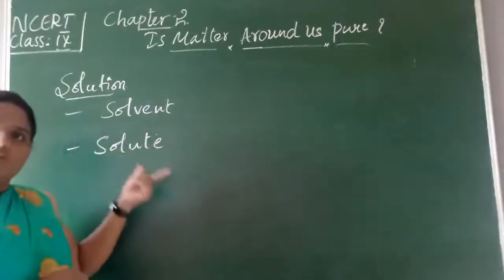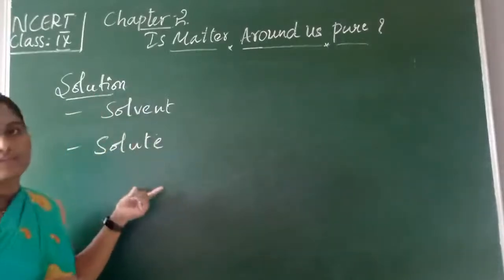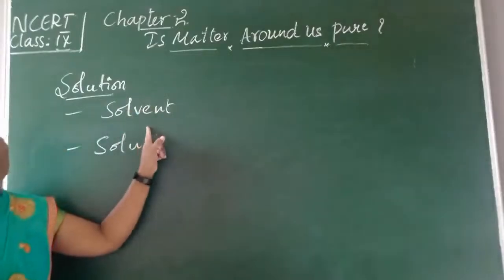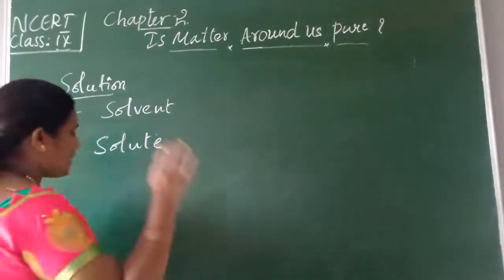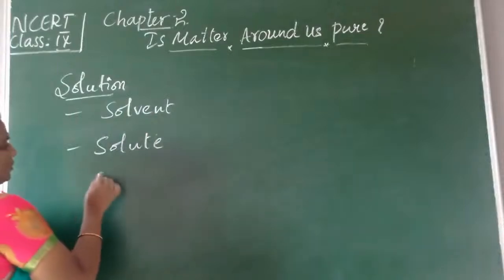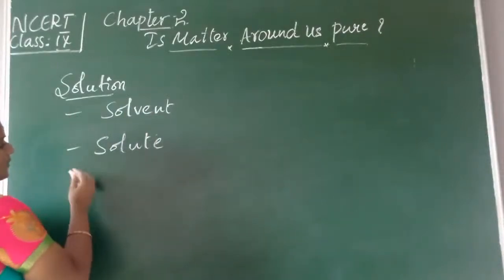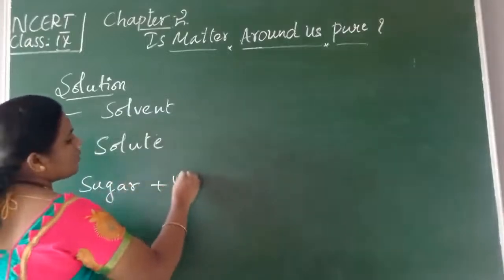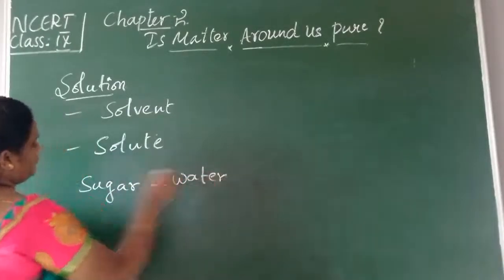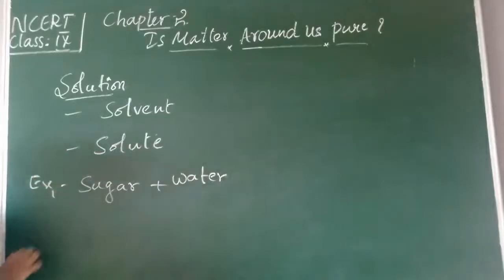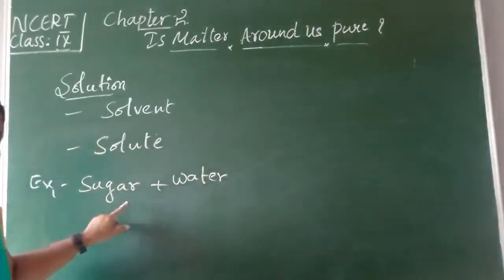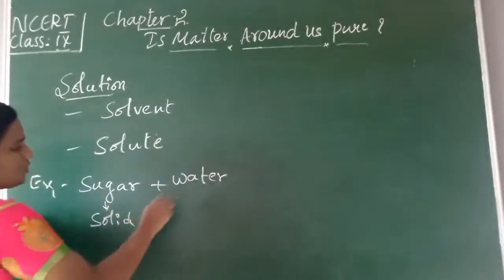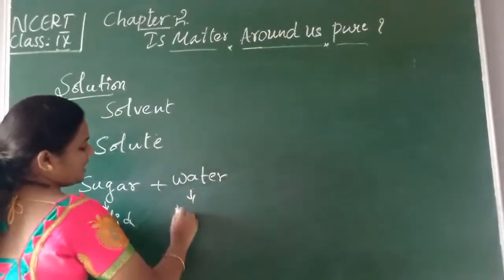A solute is also a component of a solution which is going to dissolve in the solvent. Understanding, children? Okay, let us take an example, no problem. Let us take sugar plus water. This sugar is what here? What is the state of the sugar here? Solid. Then water, it is a liquid.